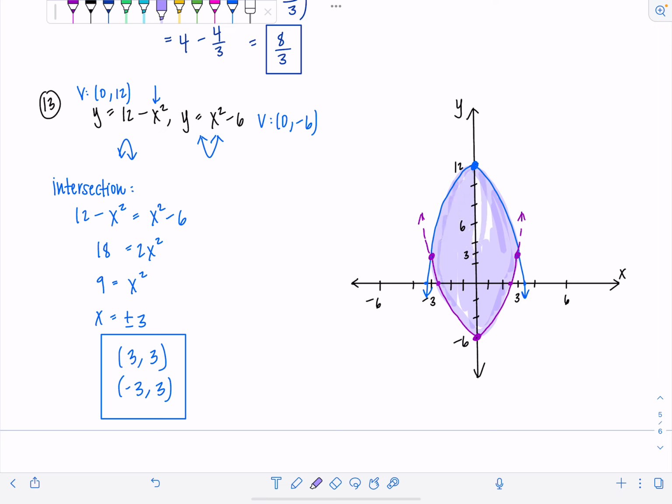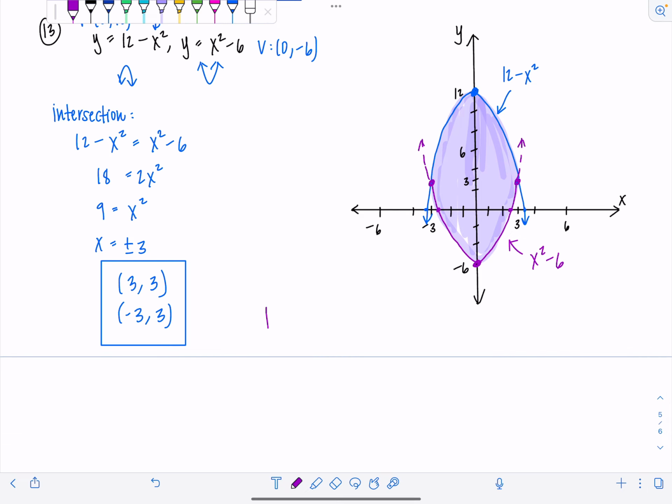Okay, and hopefully by now you can see it's bounded above and below. So we're going to integrate with respect to x. It's bounded above by 12 minus x squared, and it's bounded below by x squared minus 6. So the height, we're going to do top minus bottom, 12 minus x squared minus (x squared minus 6).